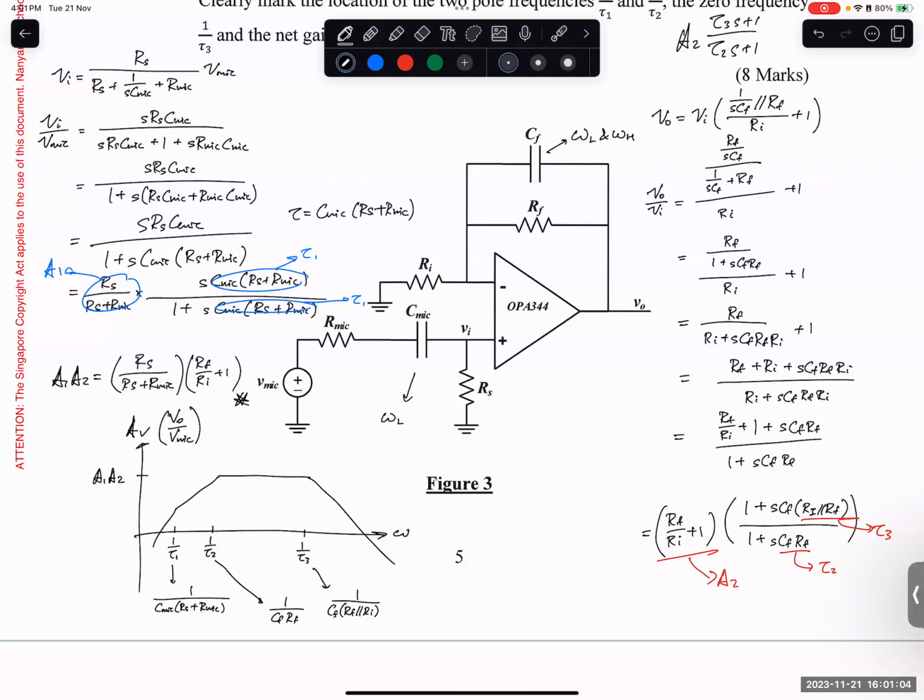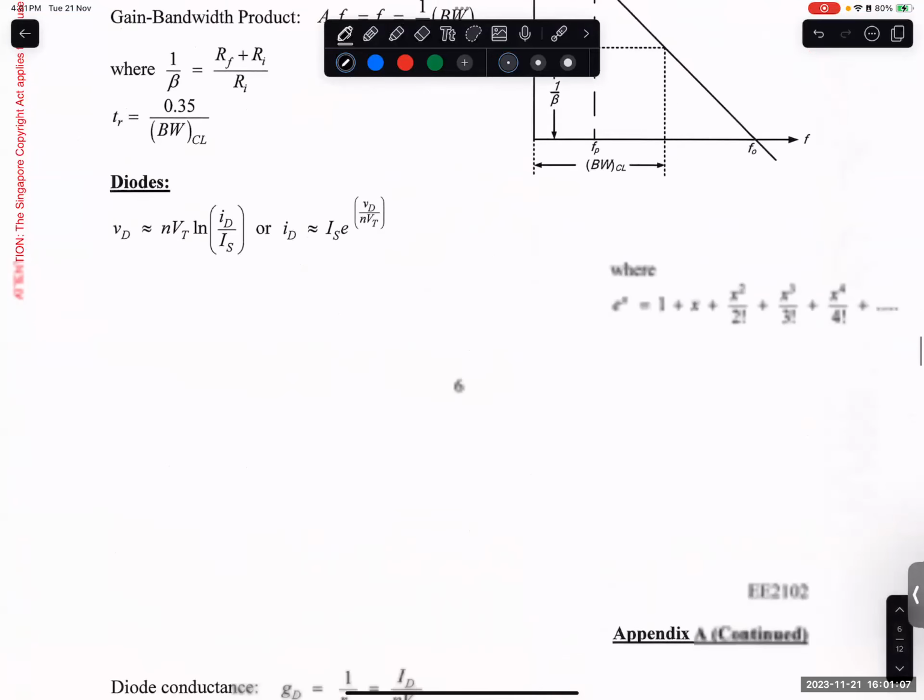Small signal, CS, CB, CG. Those are common.